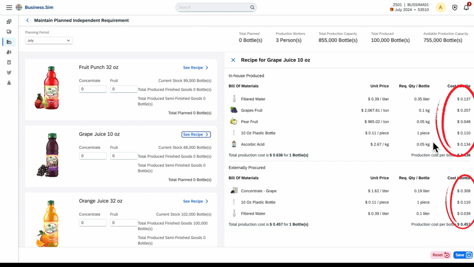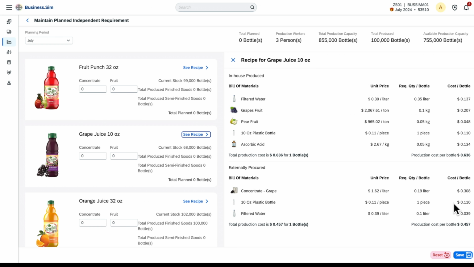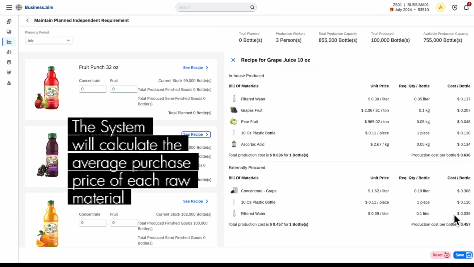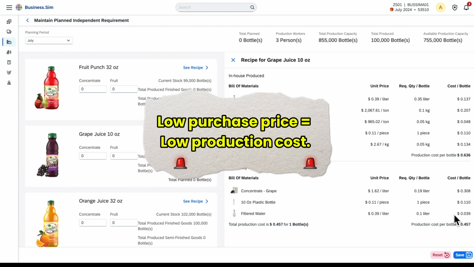There's also information about the cost of each raw materials required to produce one bottle of juice, whether internally produced or externally procured. The cost of each raw material may vary depending on the market price at which we purchase it. The system will calculate the average purchase price for each raw materials we have bought. The lower the purchase price of the raw materials, the lower the cost for each raw materials to produce one bottle of juice.